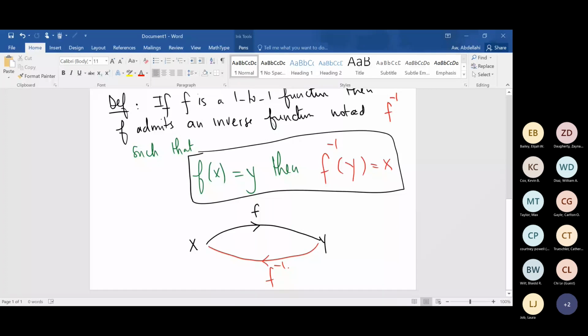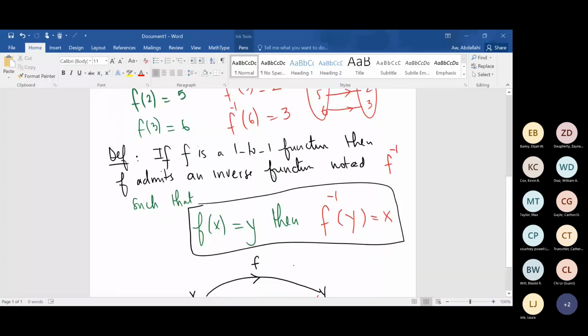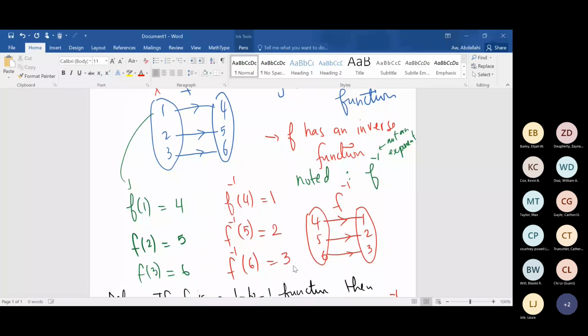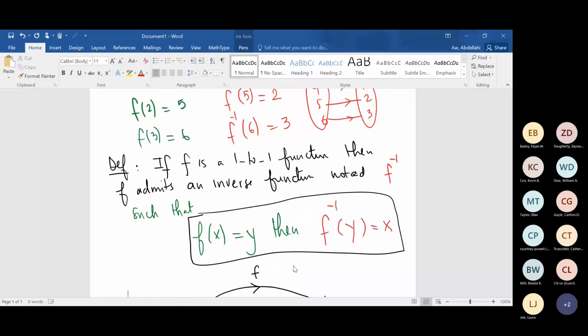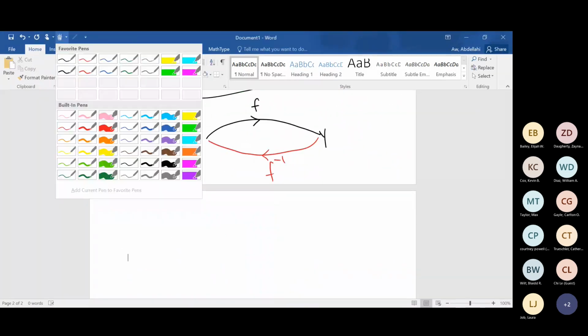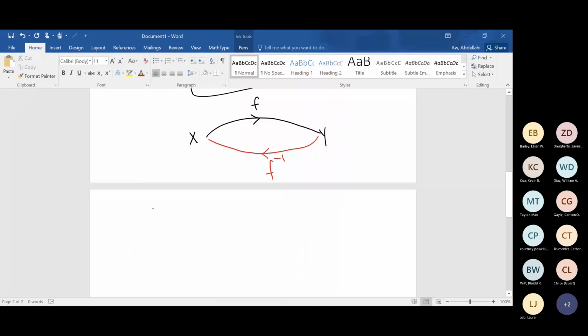So, very clearly, the domain of f will be the range of f minus 1, right? The domain of f minus 1 is the range of f, and the range of f minus 1 will be the domain of f.